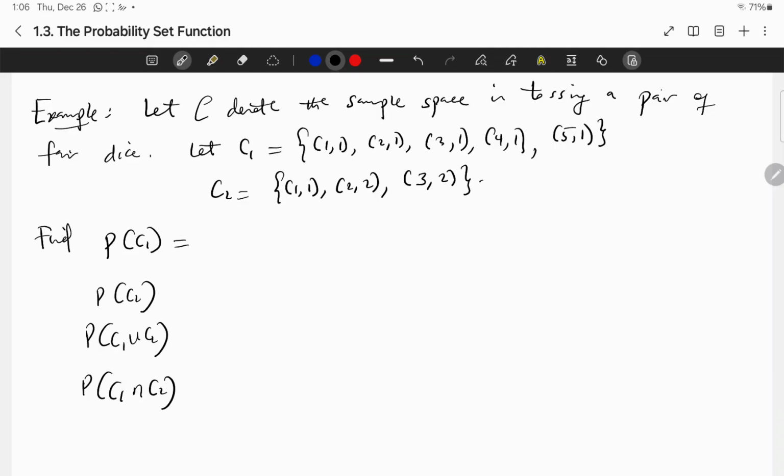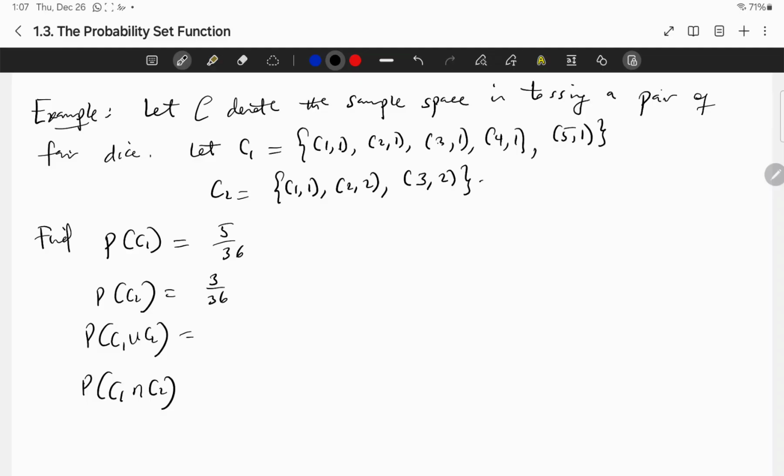So for the first one, we know that the total number of outcomes in the sample space for a pair of fair dice is 36. So the probability of C1 is, we have 1, 2, 3, 4, 5, so that will be 5 over 36. Our probability of C2 is 3 over 36.